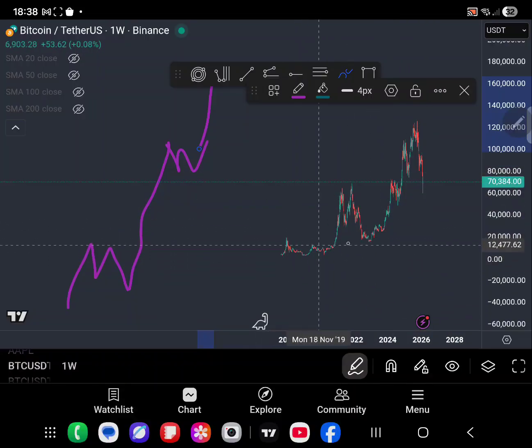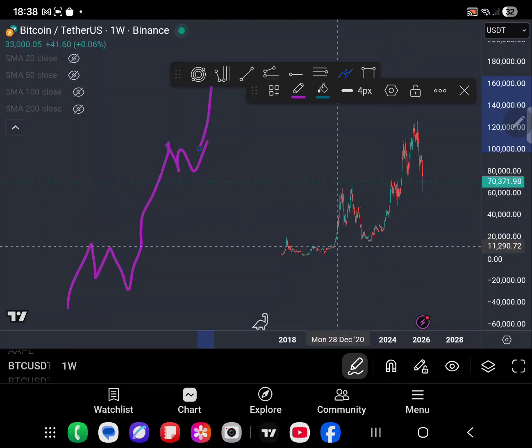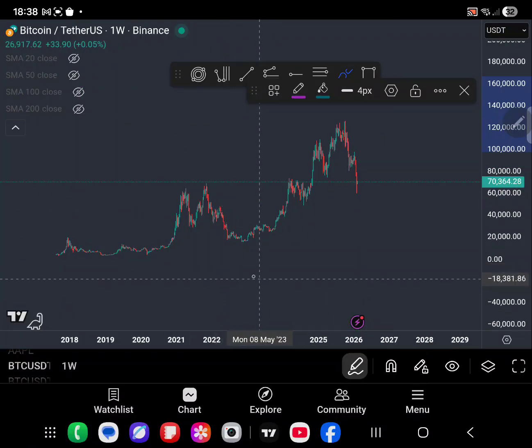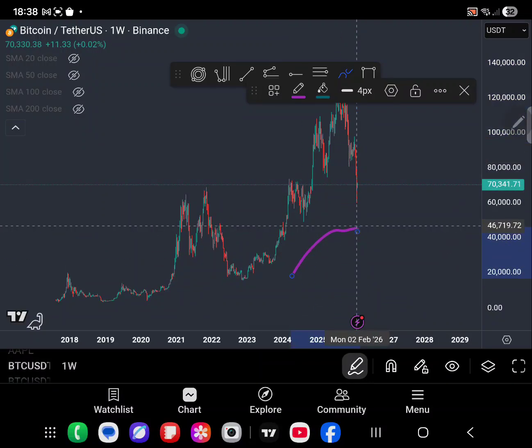This is gonna fly, it's gonna go so high. That's the thing about Bitcoin, right? It is gonna go extremely high. It's gonna make a lot of money. In my opinion.